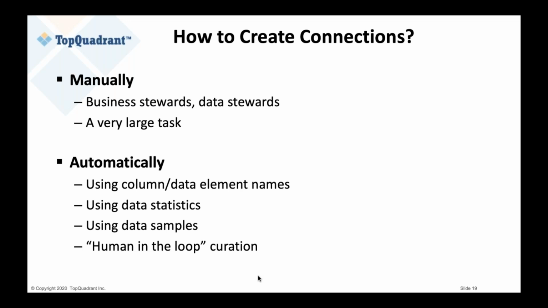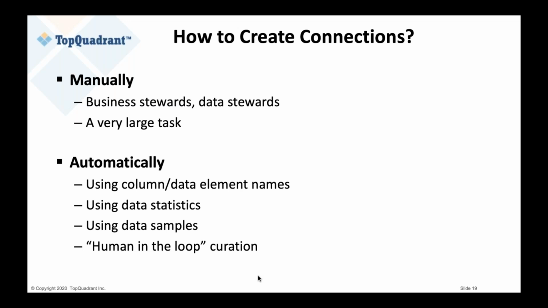There is a lot of expertise in the organization, and they could establish those connections. The problem with that is that it is a very large task. It's a tedious task, and you have lots of data. In some cases, this is still the most reliable way, and in some cases, maybe even the only way. But there's also ways to do something like this automatically.